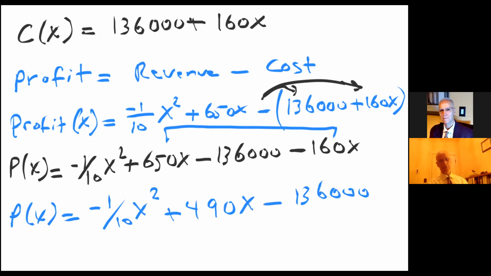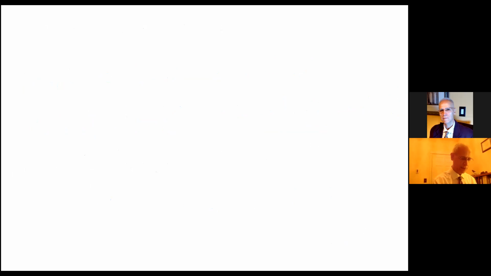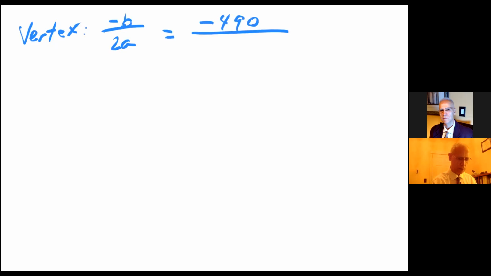And notice that now I have another upside down parabola. Again, I'm going to find the vertex to maximize. The vertex of this parabola is pointing out to the maximum value. So using the vertex, minus b over 2a, that gives minus 490 over 2 times negative 1 over 10. The negatives cancel, so I have 490 divided by 1/5, multiply top and bottom by 5.